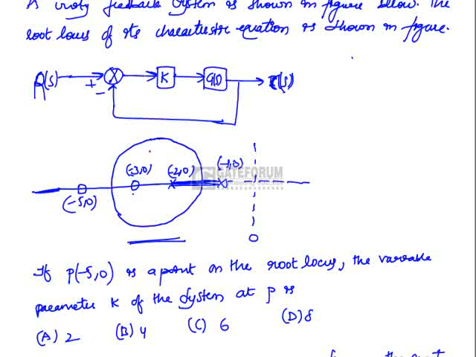Now what is the open loop transfer function of this root locus? It is given as k times, there are two poles, so a pole at minus 1 and a pole at minus 2 and a zero at minus 3. So this is the overall open loop transfer function of this system. Now we have to check whether minus 5 comma 0 is a point on the root locus or not.